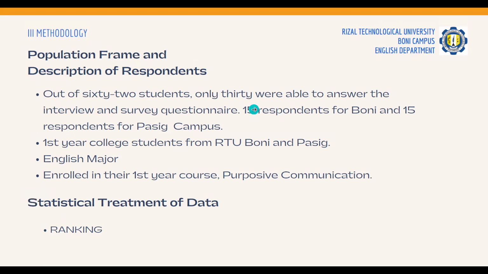Okay, so now the statistical treatment of data. The researchers used ranking. Ranking will be used to identify the number of respondents that utilize the several types of code switching that are usually used in synchronous class.